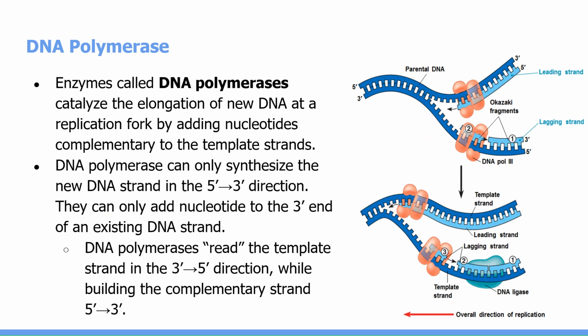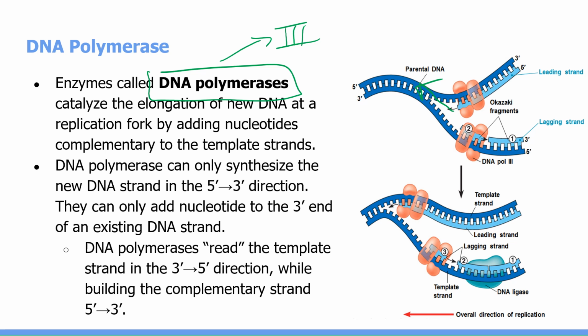Once the DNA is unzipped by helicase, some other enzymes come into play. DNA polymerase, specifically DNA polymerase 3 in bacteria, goes in and attaches to a primer and starts adding nucleotides.